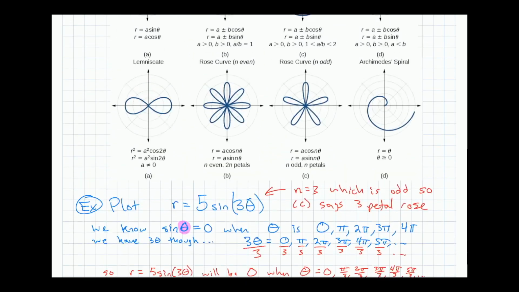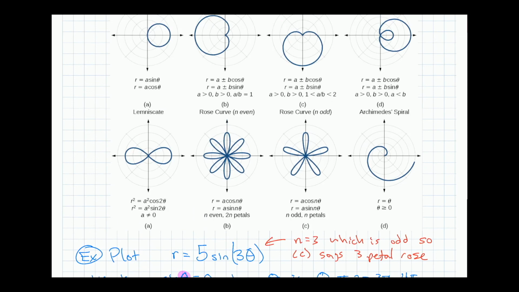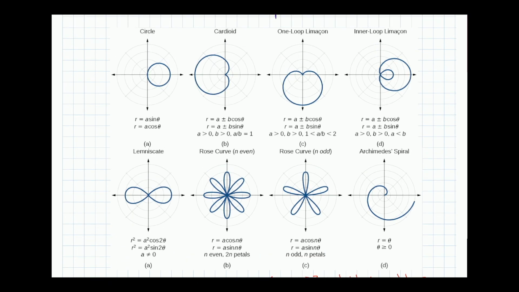And plotting all of these is very similar. This is kind of a 2 petal rose. These are kind of 1 petal roses, if you will. And yeah, so you can plot all these on a computer as well.